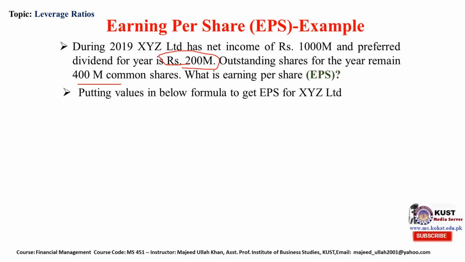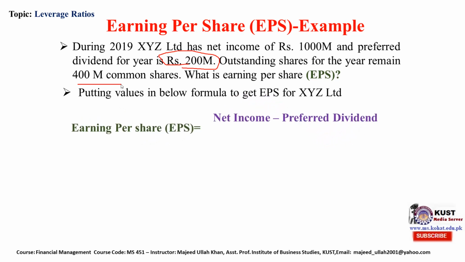We will plug the values from this example into the following formula. Earning per share is equal to net income minus preferred dividend divided by year-end outstanding shares.